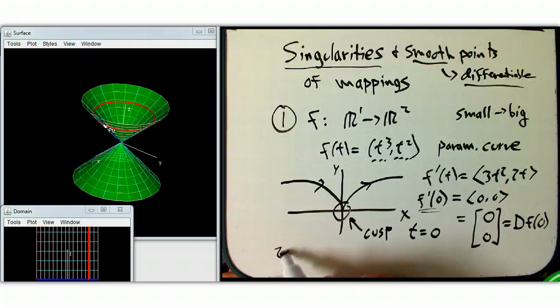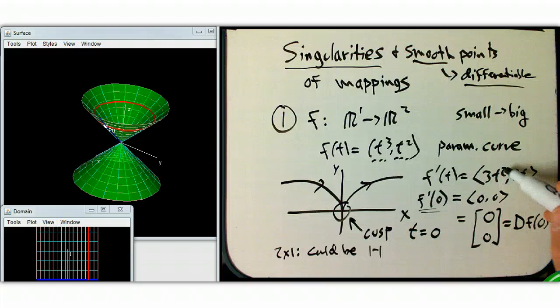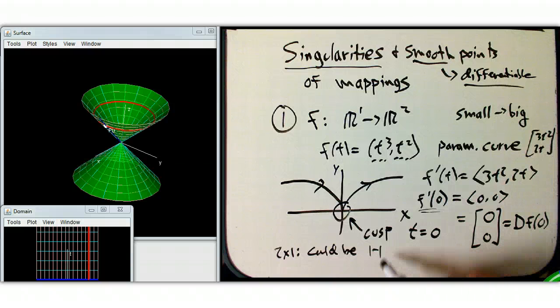So 2 by 1, it could be a 1-to-1 matrix. And in general, if I just look at the general form, 3t squared, 2t, that's just going to be some non-zero vector. If I think of that as a linear transformation from R1 to R2, that is going to be 1-to-1. Okay, but f prime of 0 is not 1-to-1.